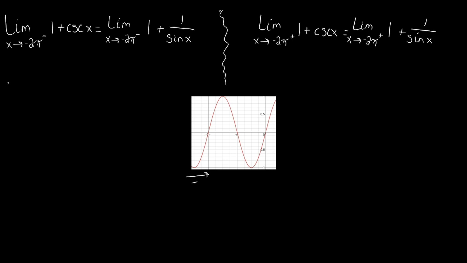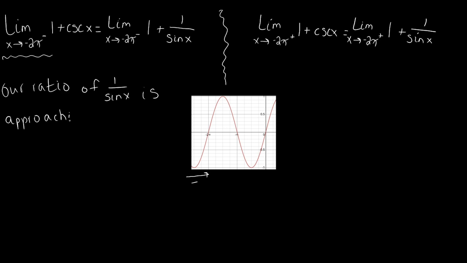So this means that our ratio of 1 over sine x, where x approaches -2 pi from the left, is approaching -1 over 0.